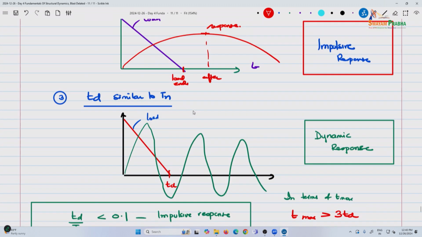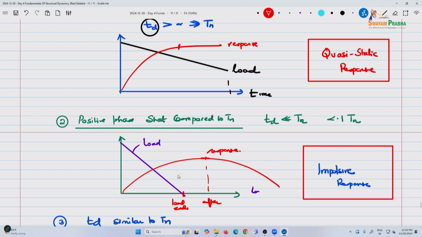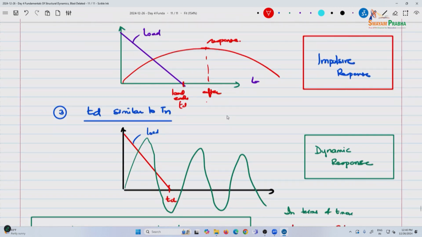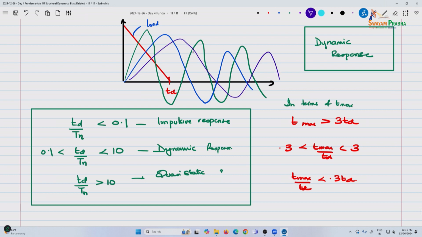The quasi static peak response starts somewhere here, at T max 3 times, this is 3 Td. Between those two, you could also have something like this, whatever. Any of these are possible, as long as this is less than 3 Td.